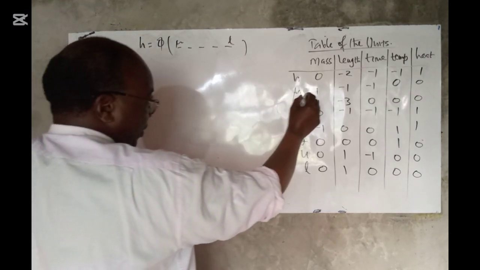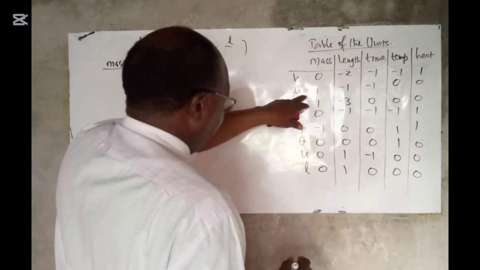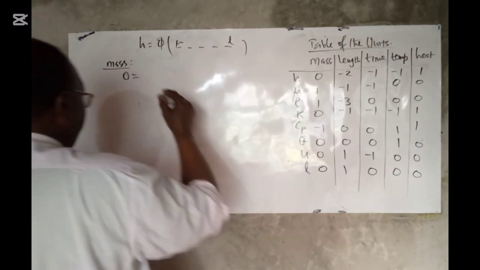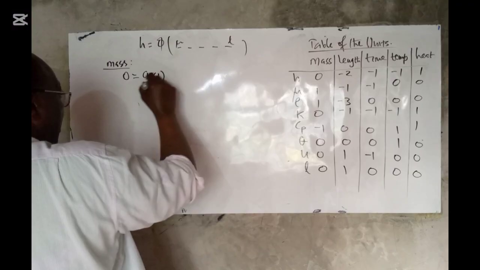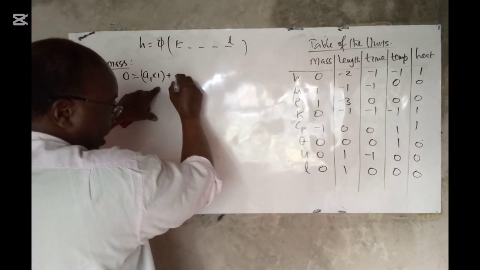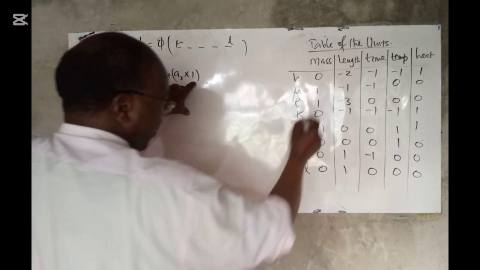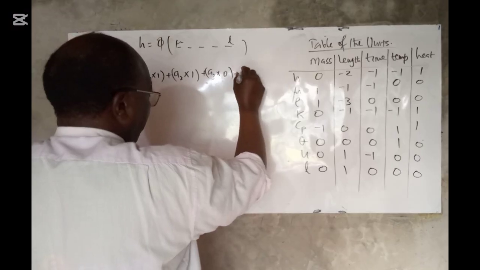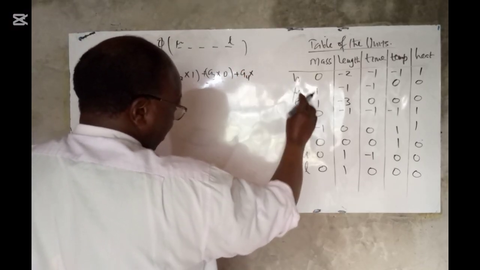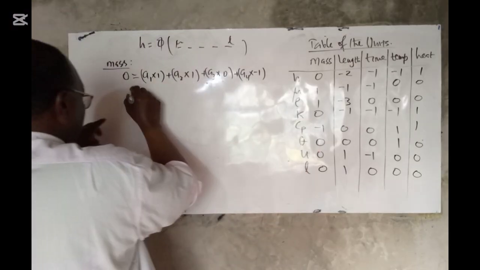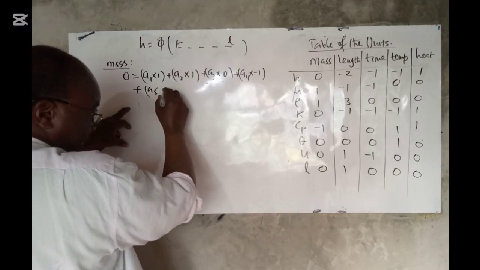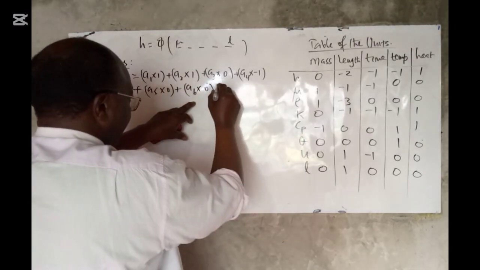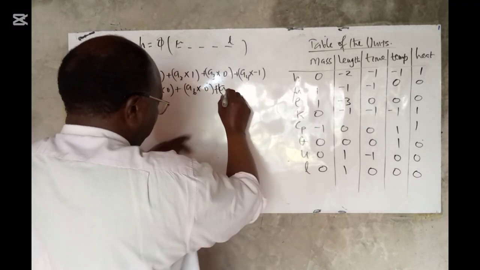Then the first, A1 times 1, plus A2 times 1, plus A3 times 0, plus A4 times minus 1, plus A5 times 0, plus A6 times 0, plus A7 times 0.